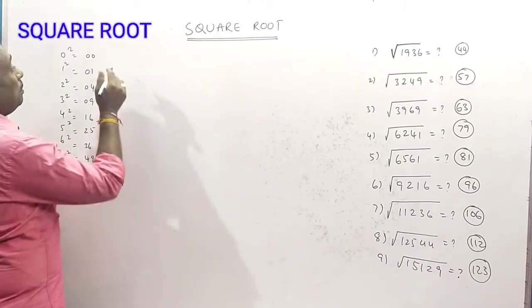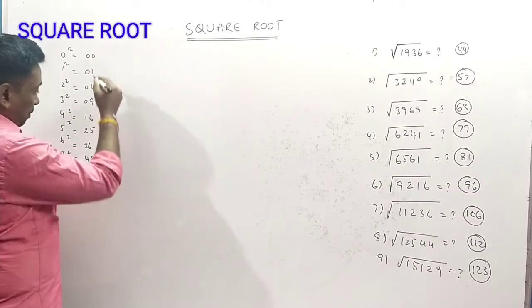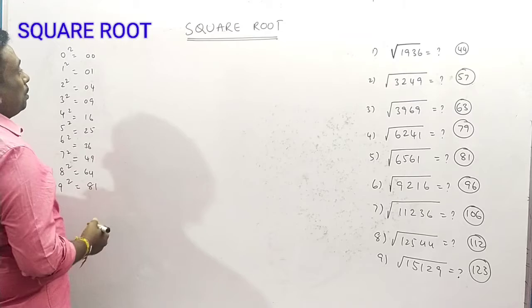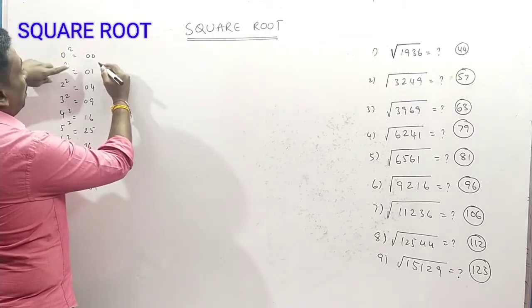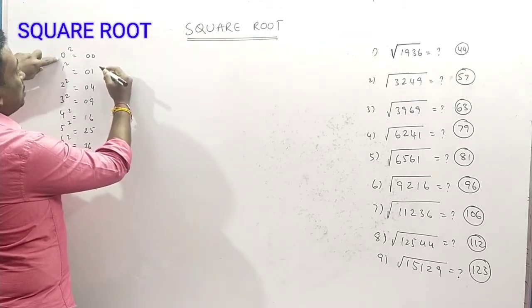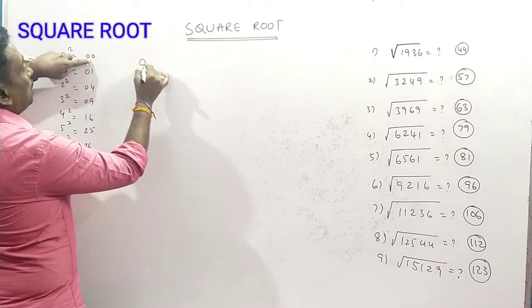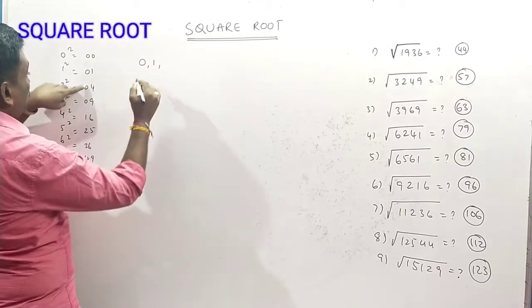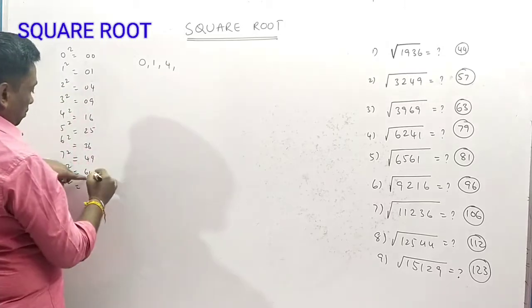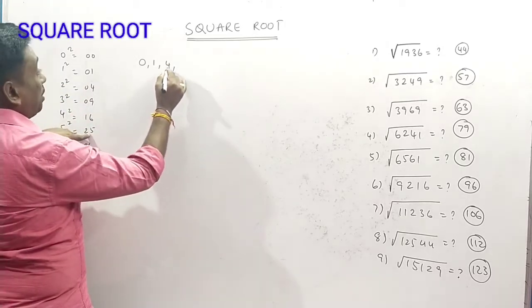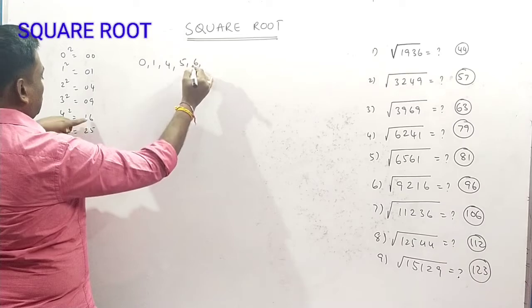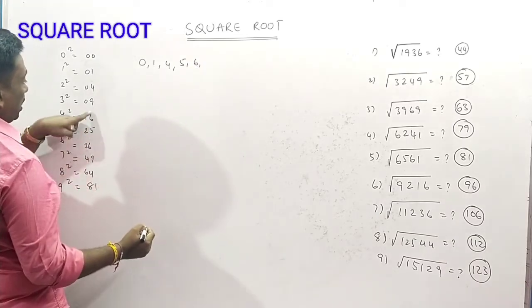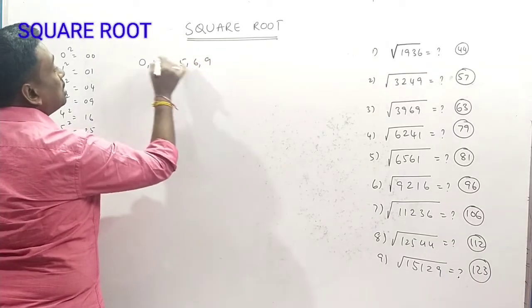Here, if you observe these numbers, while doing the squares of the digits, we are obtaining 0 or 1 or 4 or 5 or 6 or 9 as the last digits.